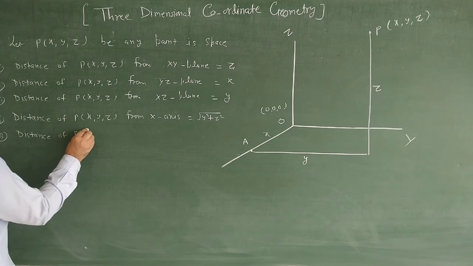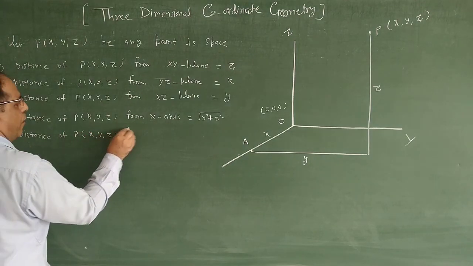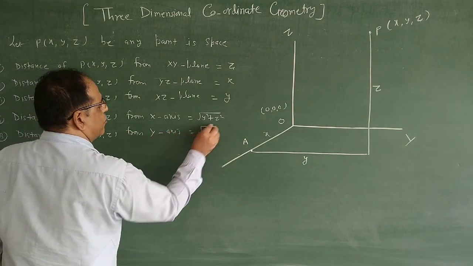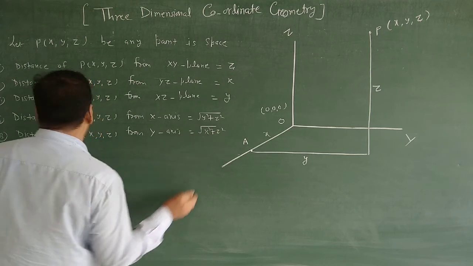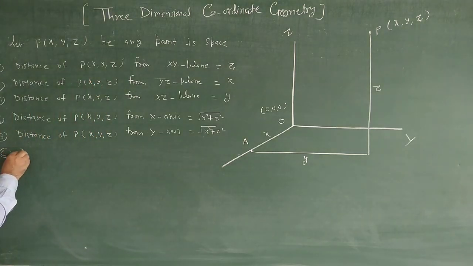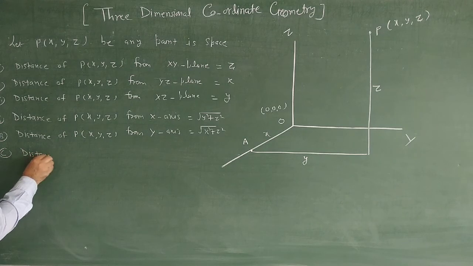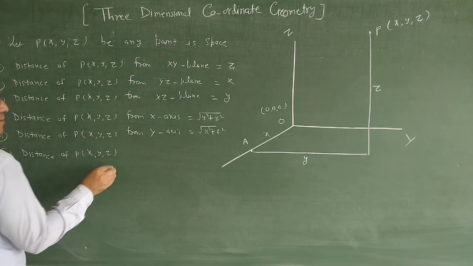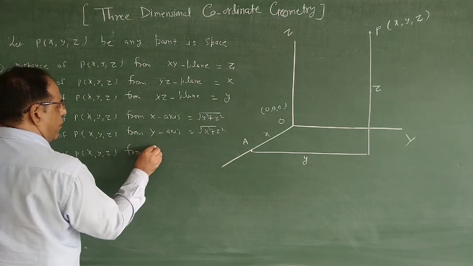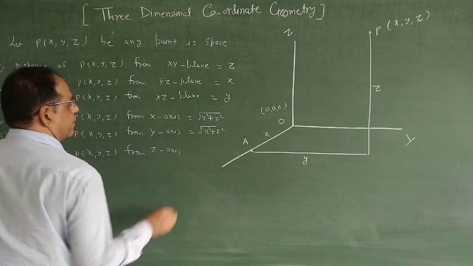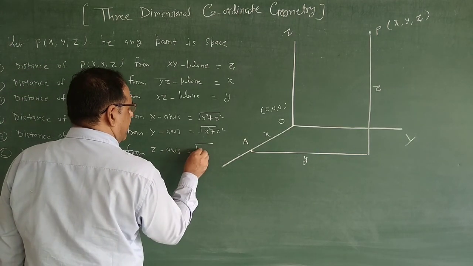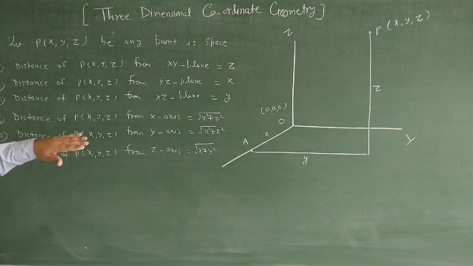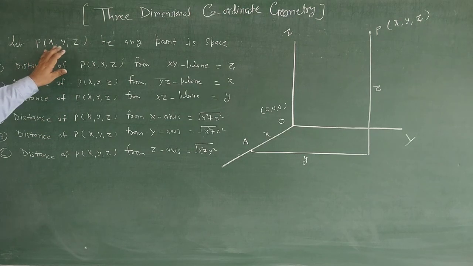Distance of P x, y, z from the y-axis is the square root of x square plus z square. Distance of P x, y, z from the z-axis is equal to the square root of x square plus y square. So these are the distances for any point in space from the planes or from the axes.